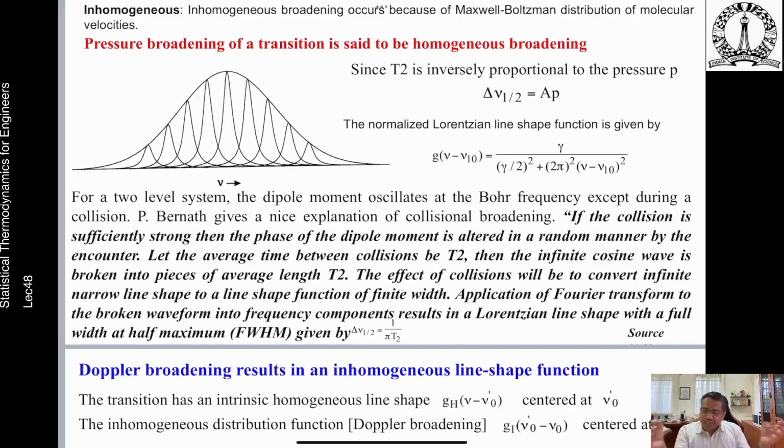There are collisions between the molecules, obviously. As it collides, the waveform is broken into individual pieces with an average length of T2. So from an infinite cosine wave, it is broken into pieces of average length T2.